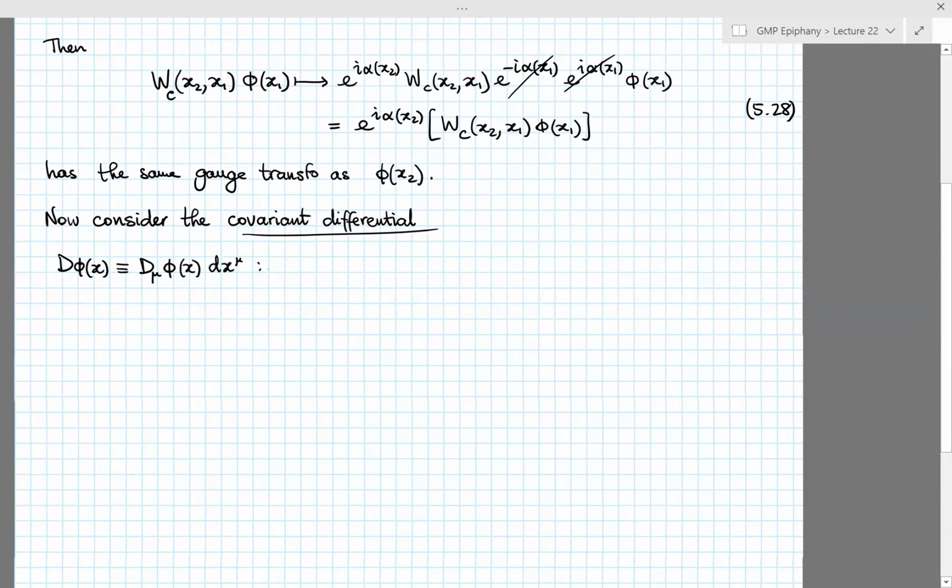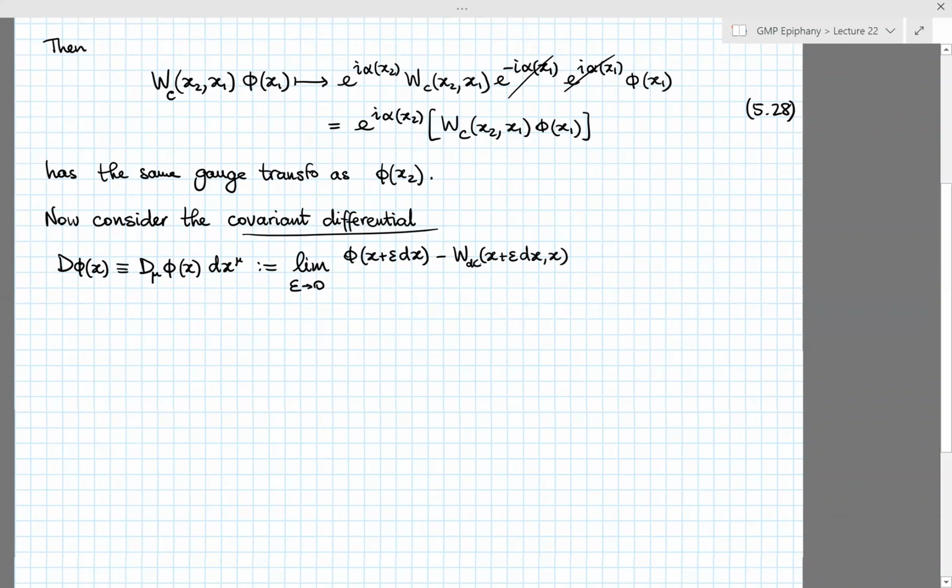And now we define it similarly as a limit, but now we insert a Wilson line so that the two terms have the same gauge transformation.